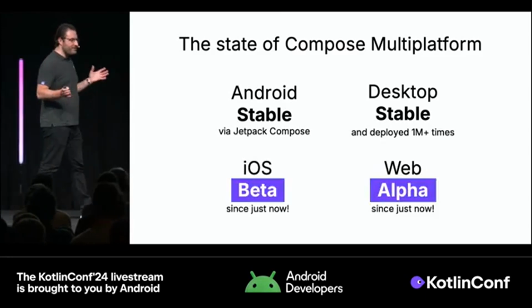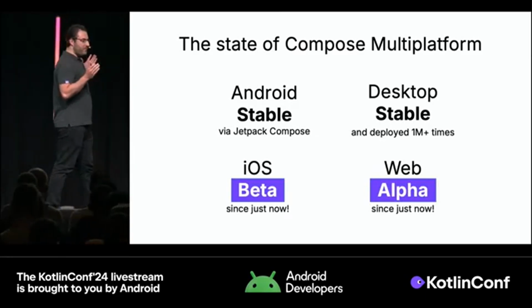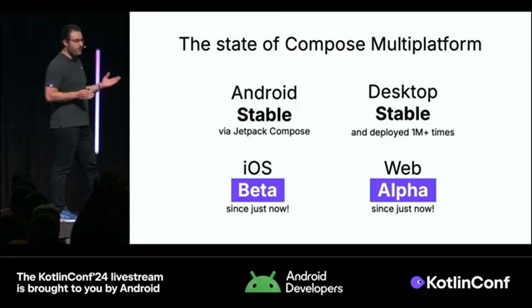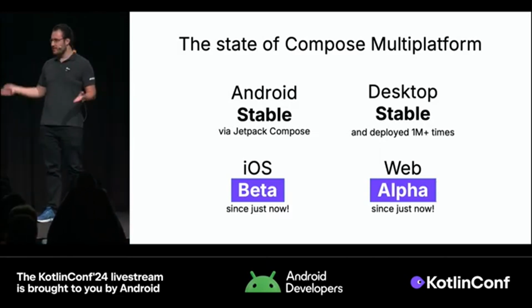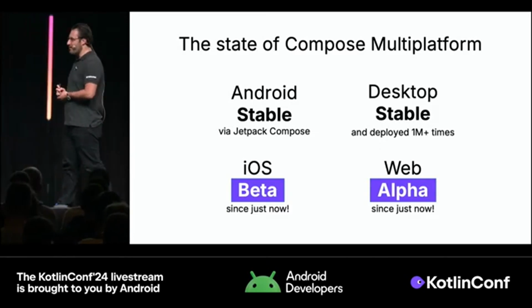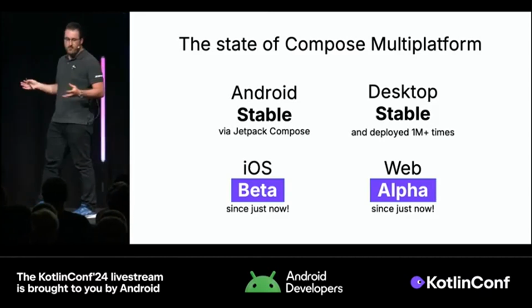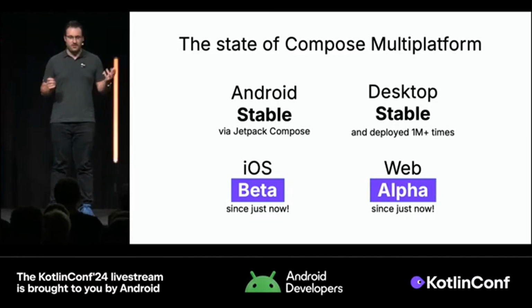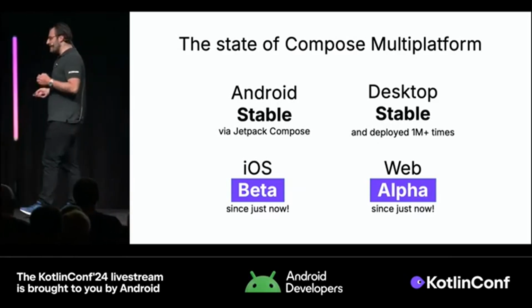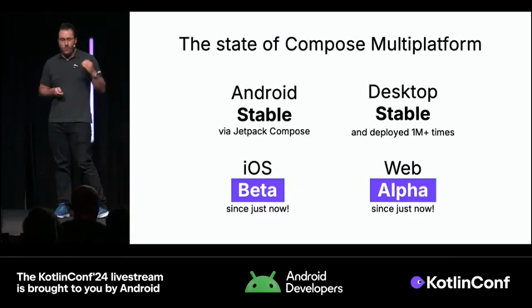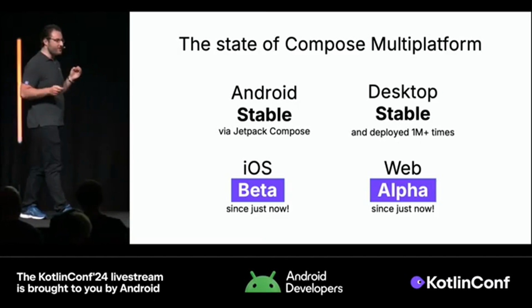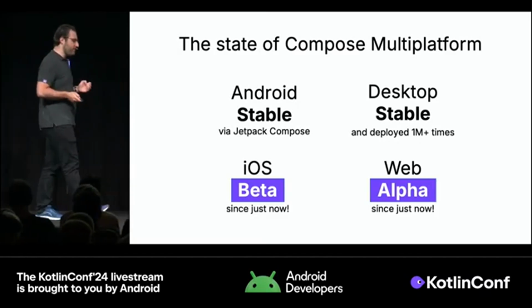And as you saw earlier today, we have promoted the iOS target for Compose Multiplatform to beta since just earlier today and with the Compose Multiplatform 1.6.10 release. And we've promoted the web target to alpha. So it's a great time to kind of see what has happened since we last checked in with Compose Multiplatform.